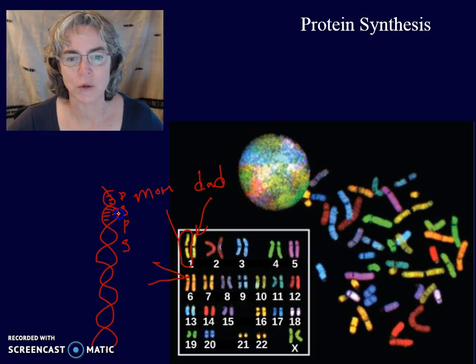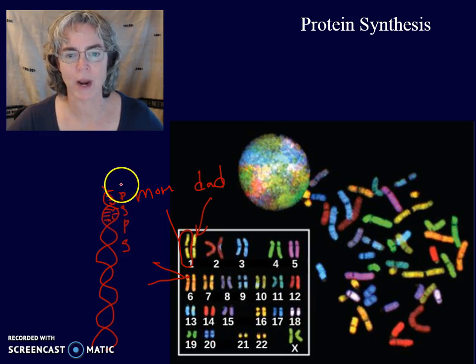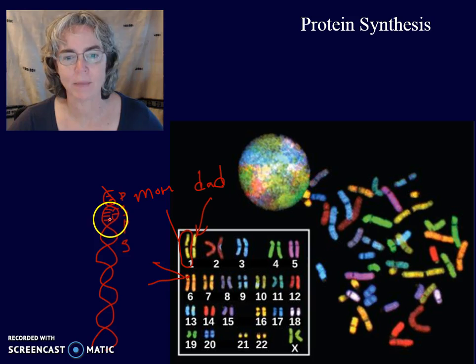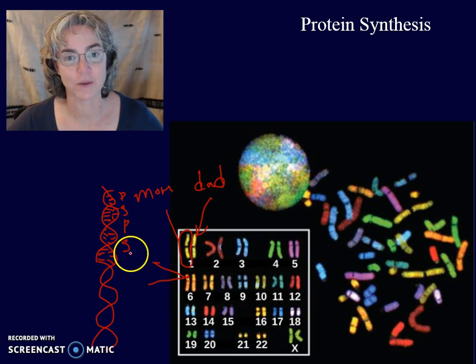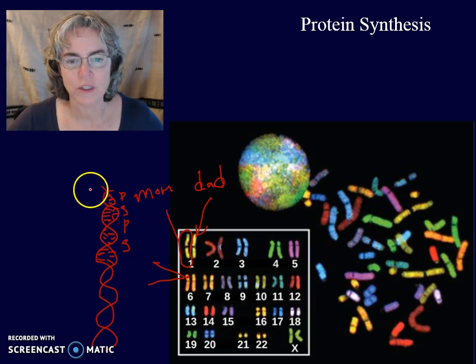So each nucleic acid strand, there's two strands, and both strands are wrapped around each other in a double helix with the nucleotides pointing into the center. And these nucleotides are attached with hydrogen bonds.